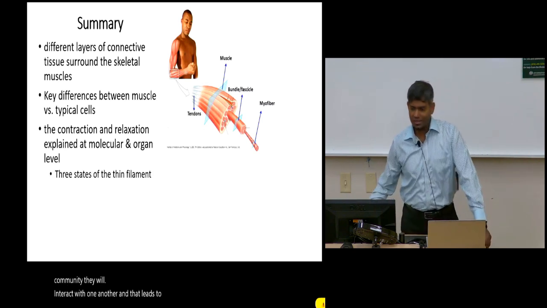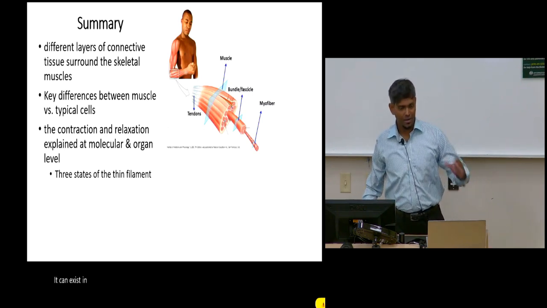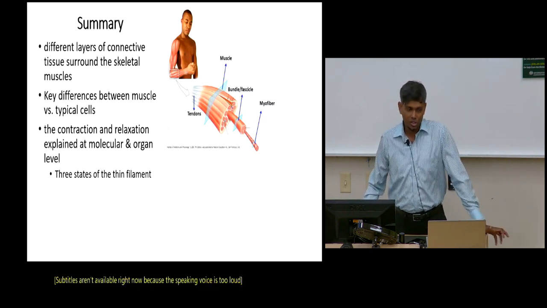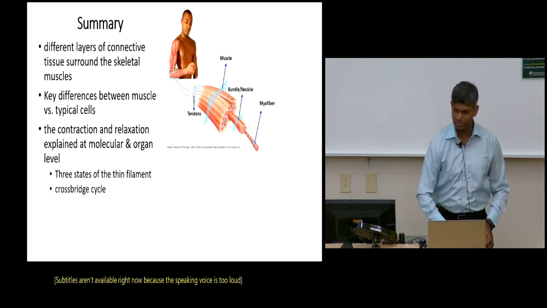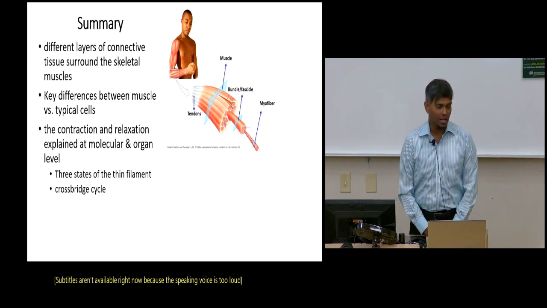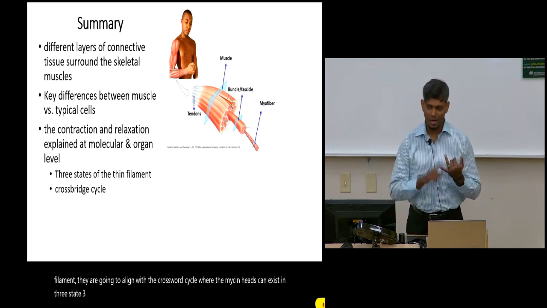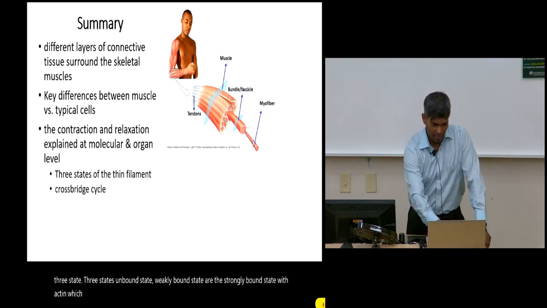We specifically saw that the thin filament can exist in 3 states depending on the troponin-tropomyosin complex, how its structure is in the presence and in the absence of calcium. And we also find that these 3 states of the thin filament are going to align with the crossbridge cycle, where the myosin heads can exist in 3 states: the unbound state, weakly bound state, or the strongly bound state with actin, which produces force.